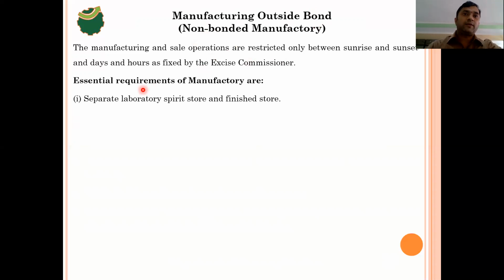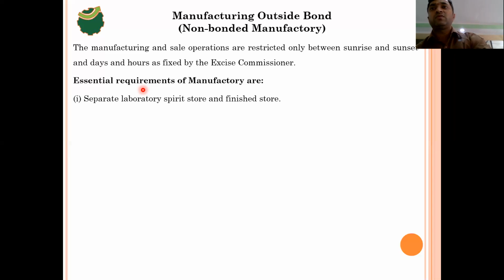Coming to the requirements, here also they are supposed to apply for the issue of a license. A license is required from the excise commissioner and the application is to be made in the prescribed form, same as for a bonded laboratory. The prescribed fee shall be paid to the treasury in the form of a challan along with the application.